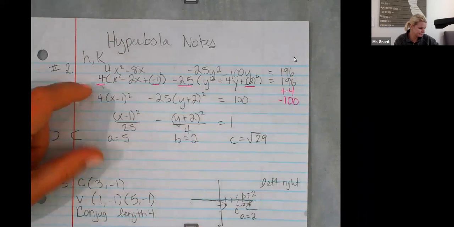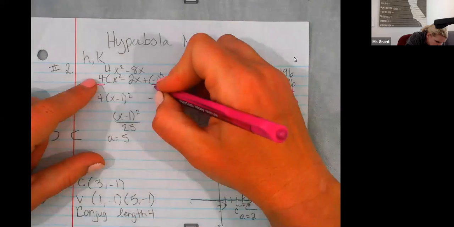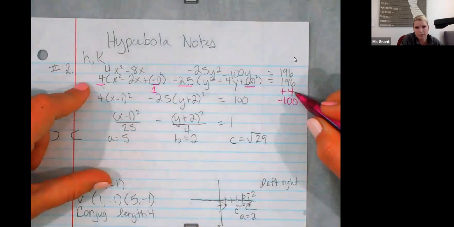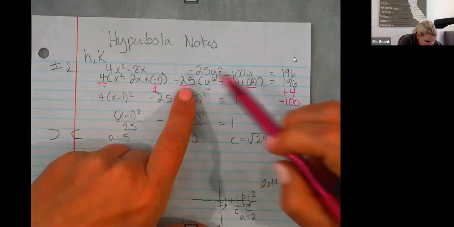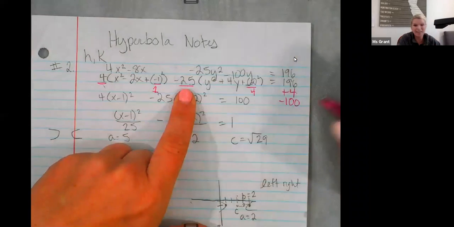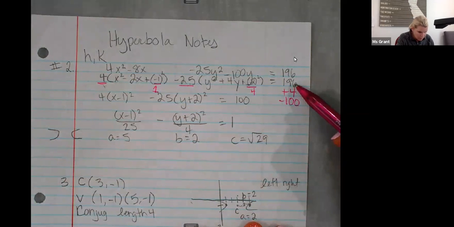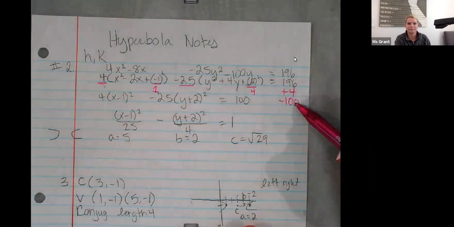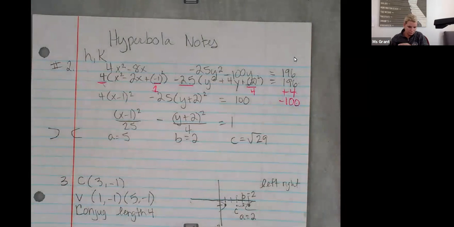So I did 4 times 1 because negative 1 squared is 1. So here's 4 times 1. I added 4 to the right. And then negative 25 times 4 is negative 100. This all works out to be 200 minus 100. I love it. 196 plus 4 is 200 minus 100.